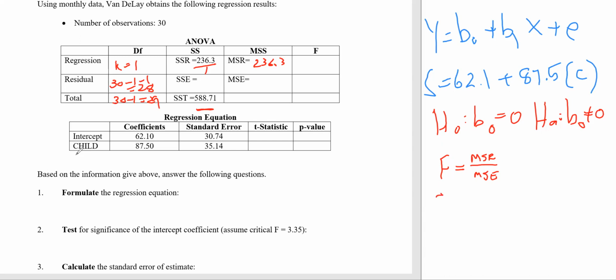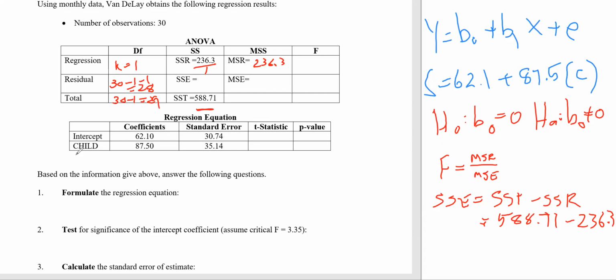So the SSE is going to be equal to the SST minus the SSR. If we put in those numbers, we have 588.71 minus 236.3.